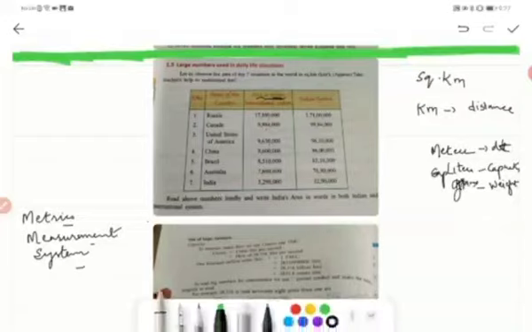To measure capacity we have liters. What about weight? Weight is measured in kgs, that is grams, right? So these are the basic measurements used.